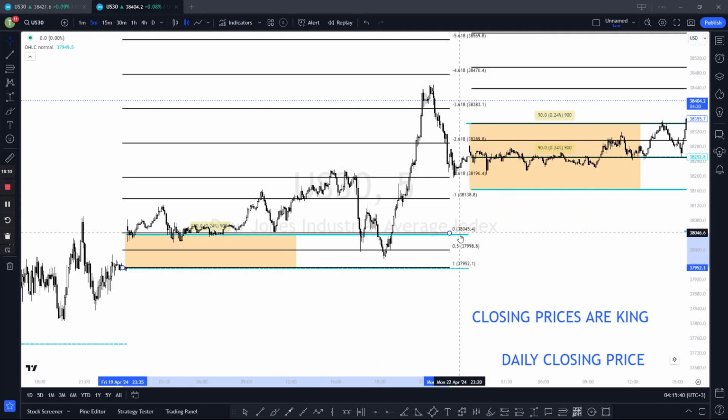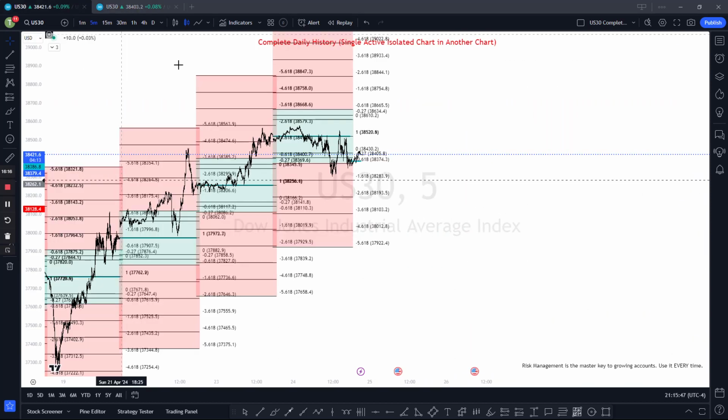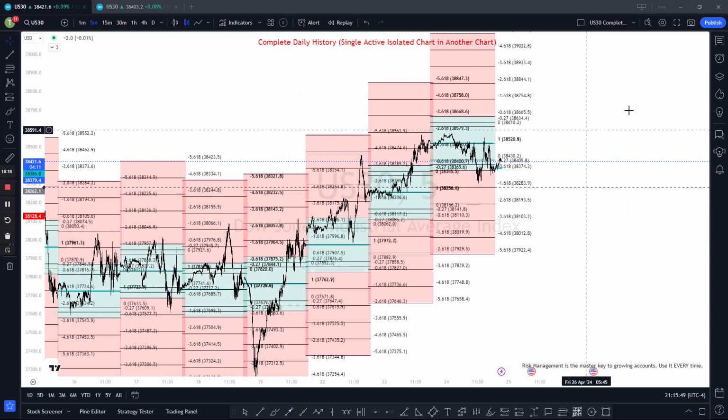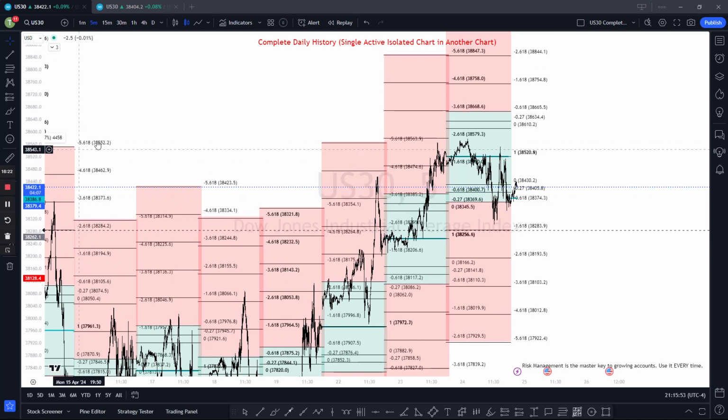Ultimately, if you add these correctly on a daily basis, you'll be able to see something like this. This is literally the exact same thing, and you'll see price action at all these levels.